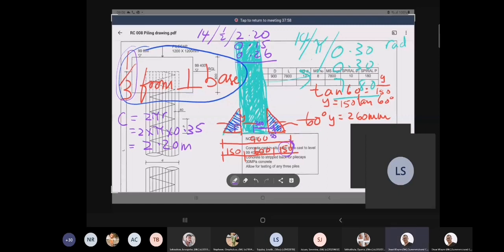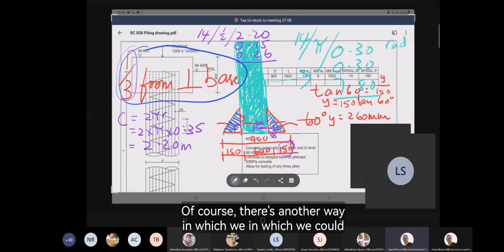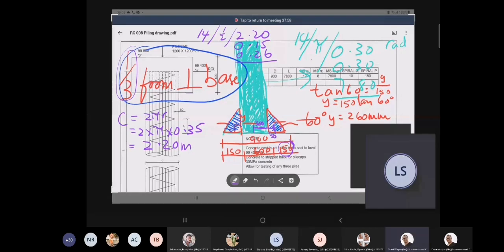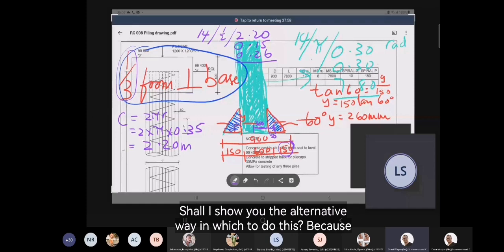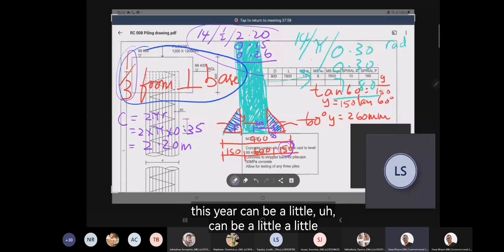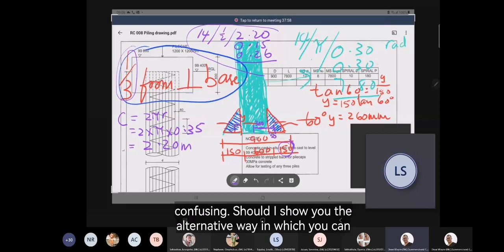Okay. Now, of course, there's another way in which we could have done this. Shall I show you the alternate way in which to do this? Because this here can be a little confusing.